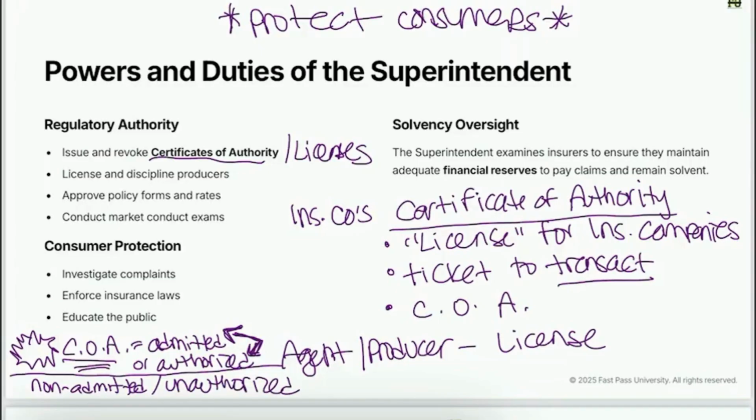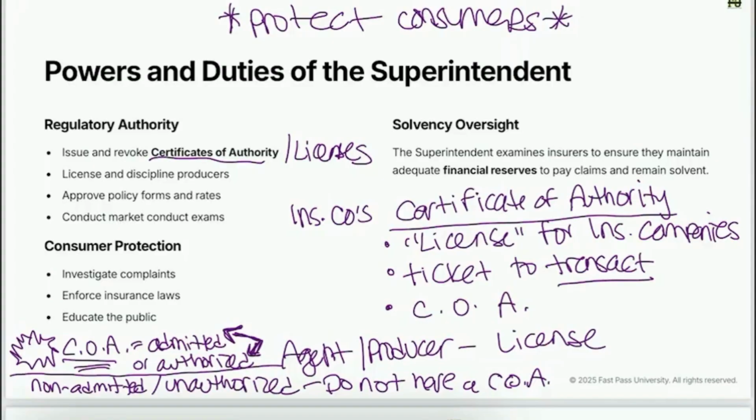And you may say, well, why are we even talking about this? If they can't transact business in the state, they don't have a certificate of authority. This is only going to be in surplus lines carriers. There are certain insurance companies that are considered surplus lines carriers that insure very niche, specific, rare situations and things.